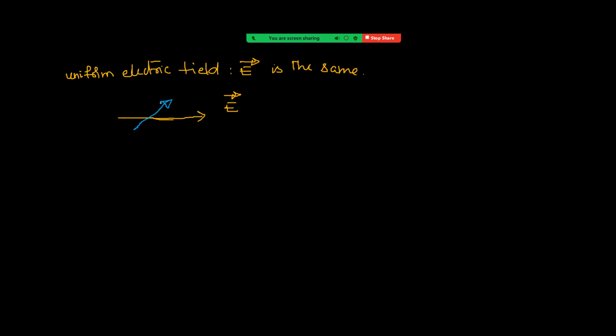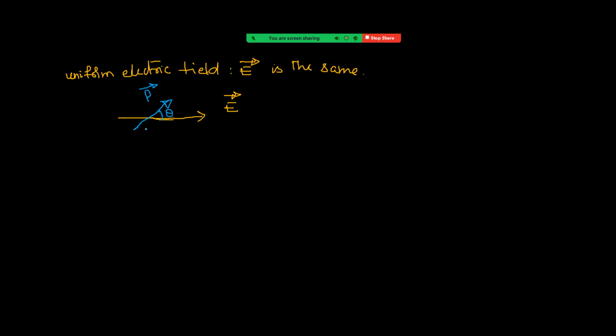This is the dipole moment vector, with notation P bar. This blue one indicates the dipole moment vector. Now it makes some angle with this electric field. Take the angle as theta.